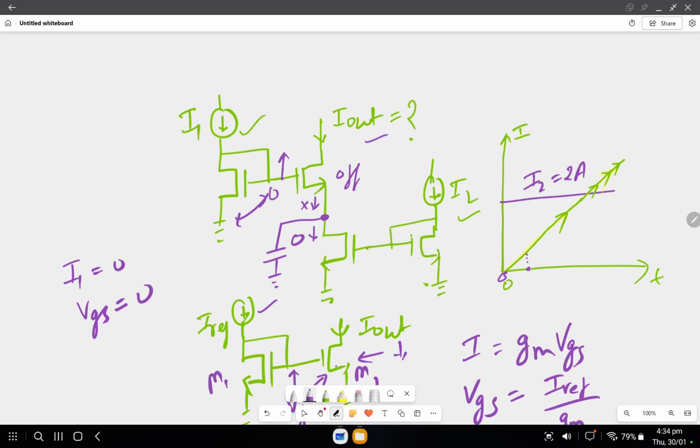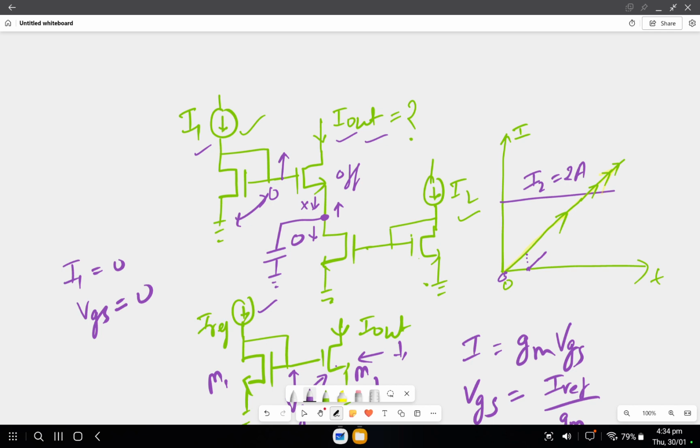So from here this current will flow now, and this voltage will also try to increase, because there is some current from the top. So it means this I out current will follow the I1 current, but with some lower value.